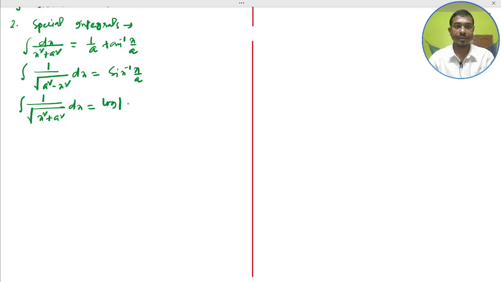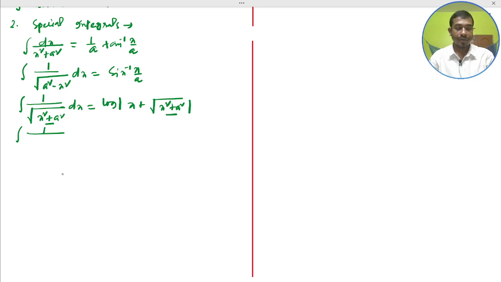Log mod x plus root over x square plus a square. Okay. Next, integration, I just write one thing for the minus. So 1 by root over x square minus a square, same formula, here there would be the minus, as it is the function.